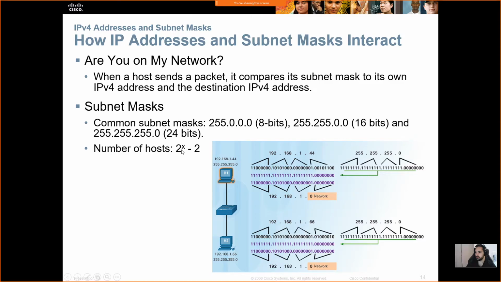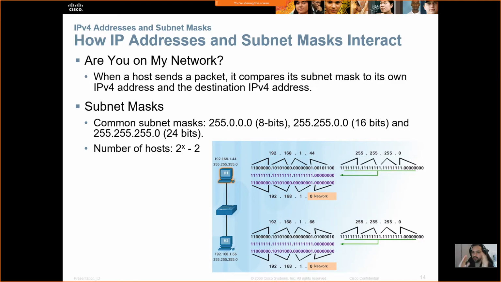So this 2 to the power of x is basically 2 to the power of the number of bits. This x is the number of bits I have for a host. Okay? How many bits does the IPv4 address have, guys? 32. The slash notation of a subnet mask is the number of bits we have for the network.